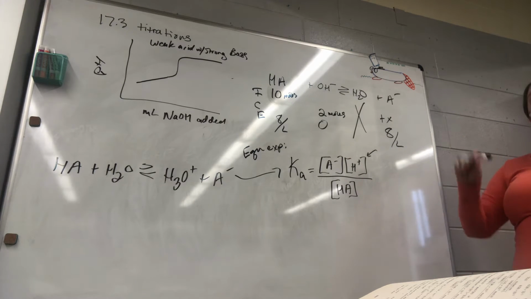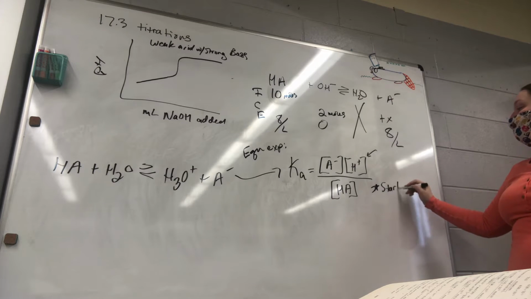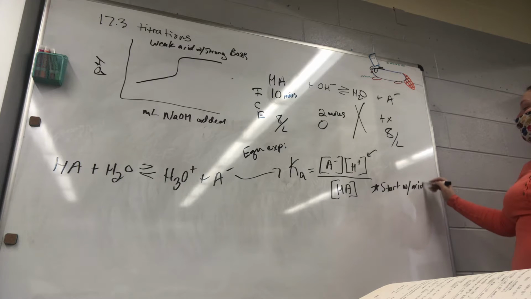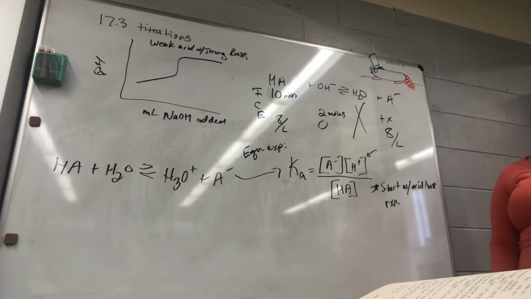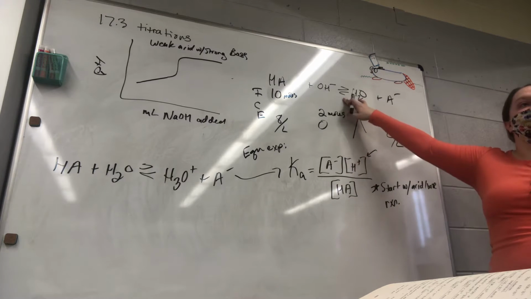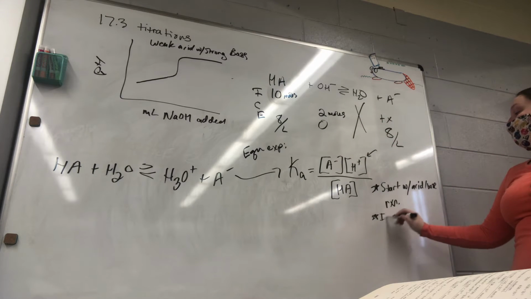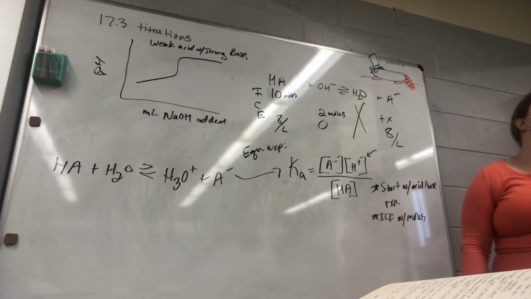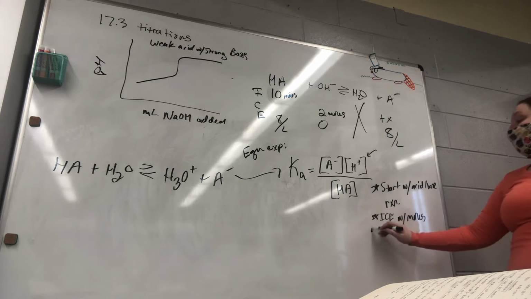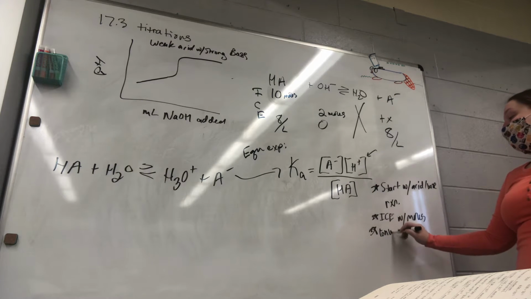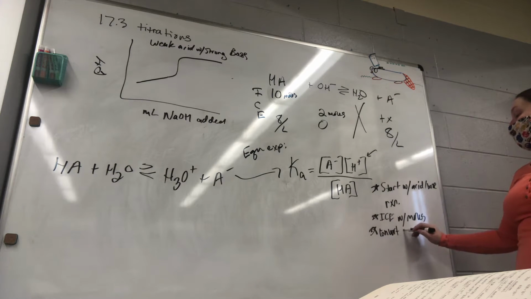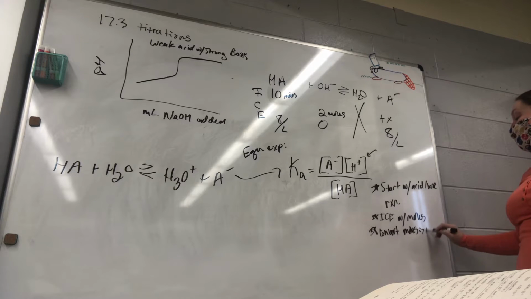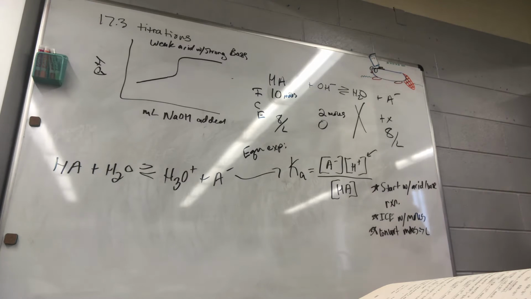Okay, so for weak acid, weak base, we always start with the acid-base reaction. Okay, that's what we did up here. We're going to do the ice table with moles. We're going to convert, so far the same, the moles to liters by dividing by the final volume.